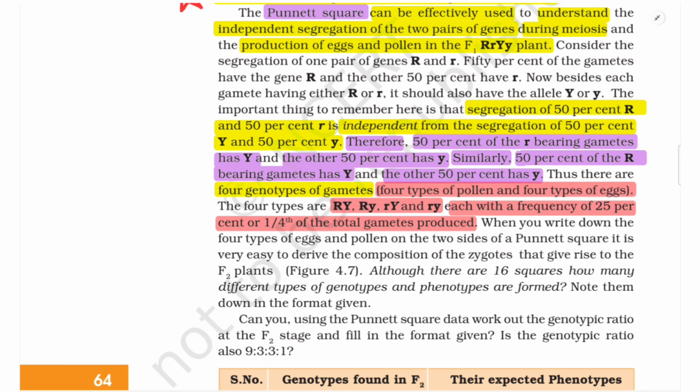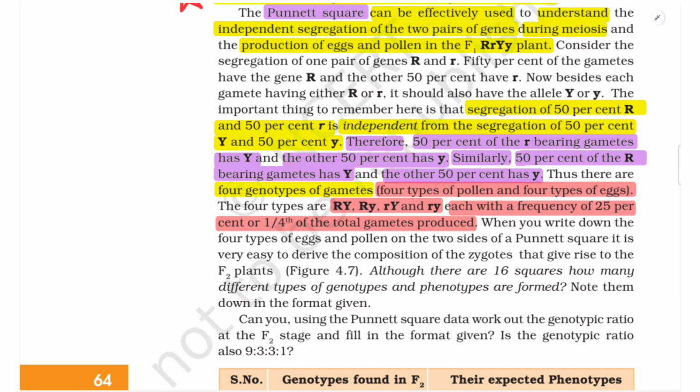The 4 types are capital R capital Y, capital R small y, small r capital Y and small r small y, each with a frequency of 25% or 1/4 of the total gametes produced. When you write down the 4 types of eggs and pollen on the two sides of a Punnett square, it is very easy to derive the composition of the zygotes that give rise to the F2 plants.